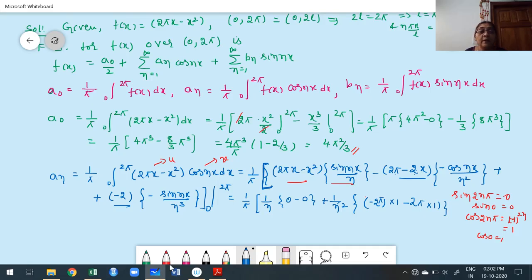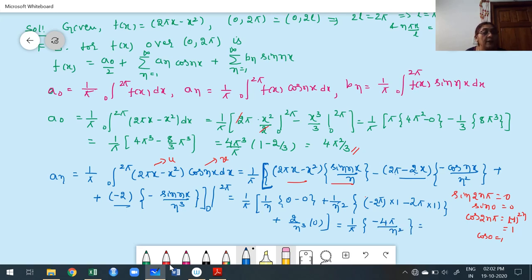Coming to the next term, plus, minus into minus, plus 2 by n cube, the entire thing is 0 because sin 2n pi is 0, sin 0 is 0. Now what do we get after the simplification? 1 by pi of minus 2 pi minus 2 pi. Now we get minus 4 pi by n square.